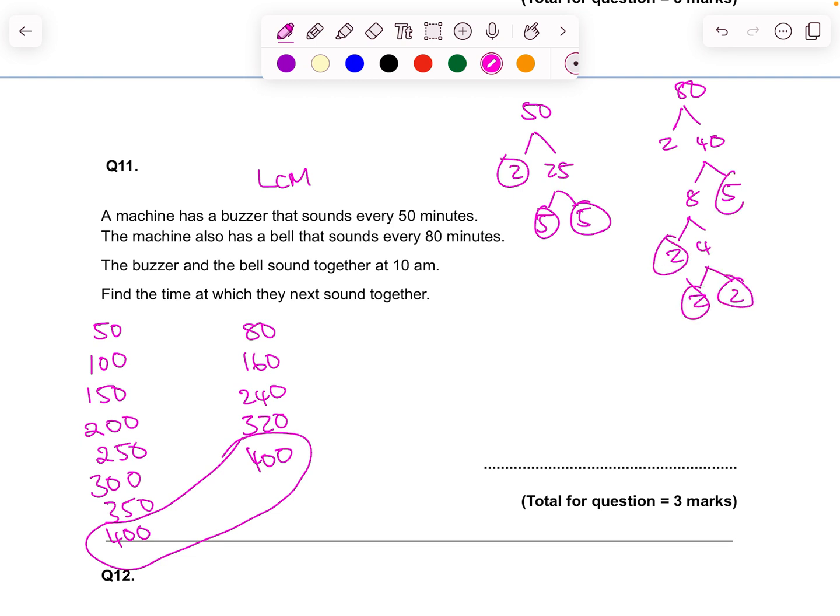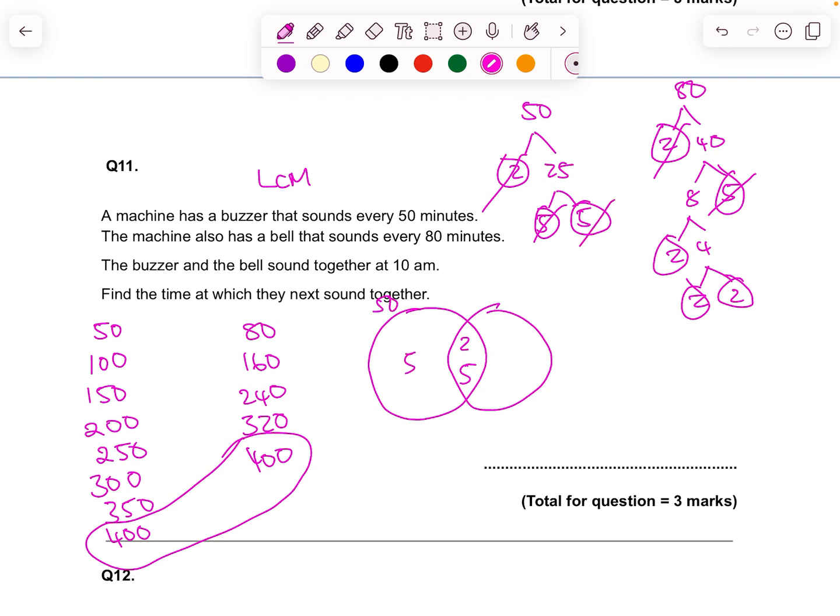Okay, and so you would have had a Venn diagram like so. 2 would have gone in the middle, a 5 would have gone in the middle, but otherwise you would have had a 5 left here for 50, and then you would have had 1, 2, 3, 2's here for 80.